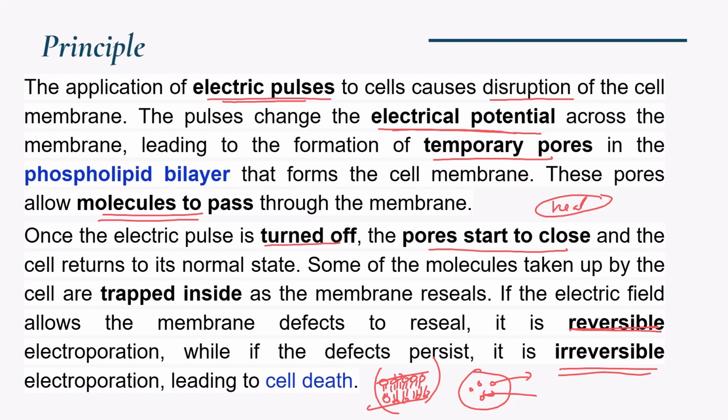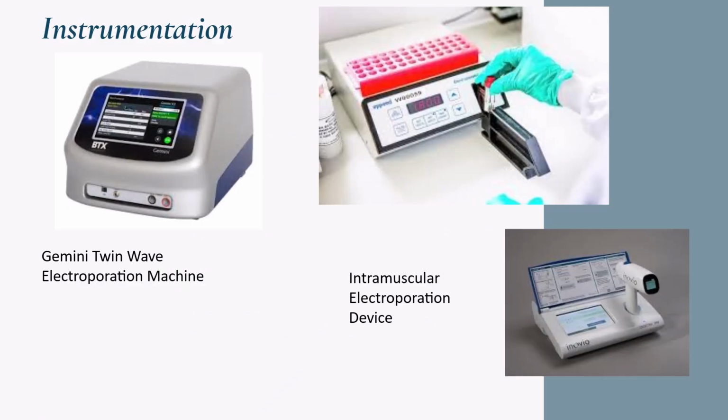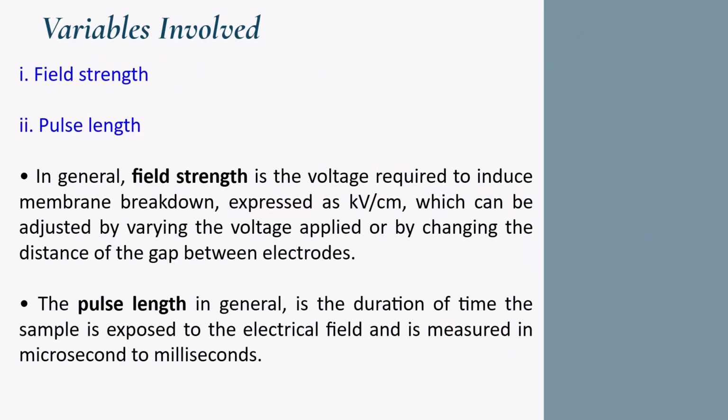Okay. Now let's move into the instrumentation. These are a few instruments that are generally used. The Gemini twin wave electroporation machine, then the intramuscular electroporation device. This is some kind of in vivo technique, we can say. Then the variables involved. In general, the field strength is the voltage. Field strength means the voltage that is required to induce the membrane break.